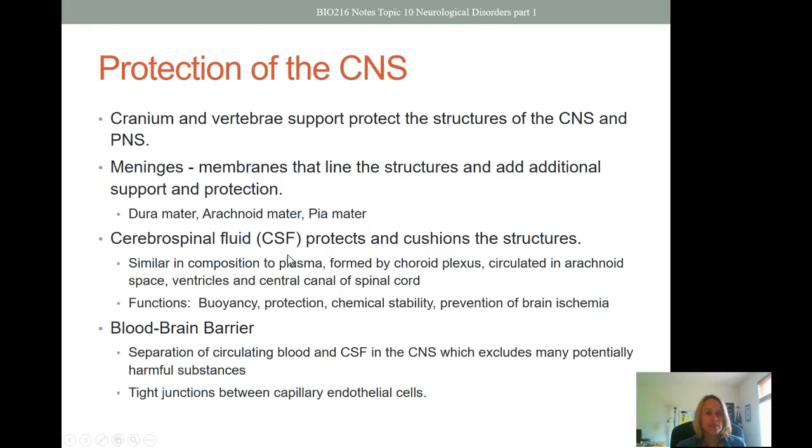The central nervous system is protected by the skull and the vertebrae. We also have meninges, and these are membranes that line the structures and provide additional support and protection. Cerebral spinal fluid helps to protect and cushion. And the blood-brain barrier helps to separate circulating blood and cerebral spinal fluid in the central nervous system.